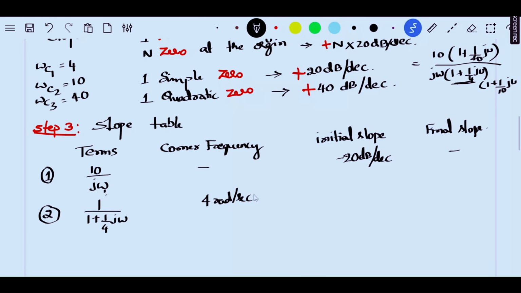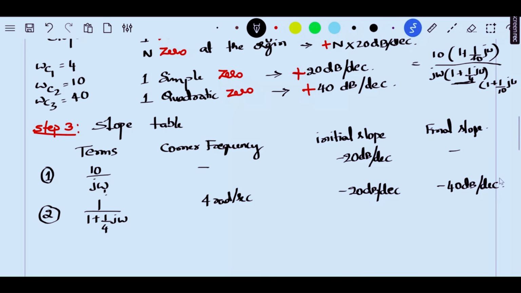Now a simple pole will offer minus 20 dB per decade slope. The final slope will be the addition of the current slope with the previous slope. The current slope is minus 20 dB, and the initial slope was minus 20 dB, so they both get added up. So the final slope will be minus 40 dB per decade.